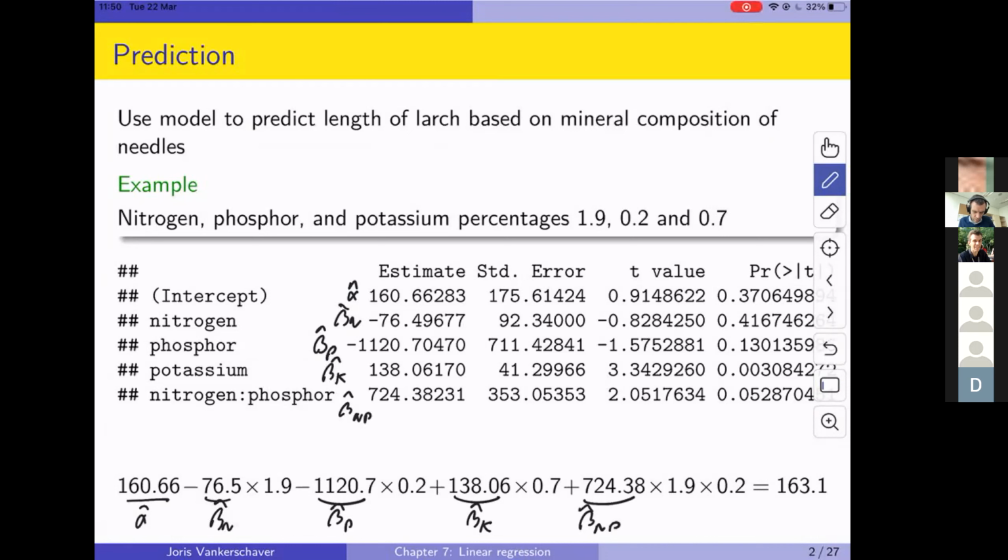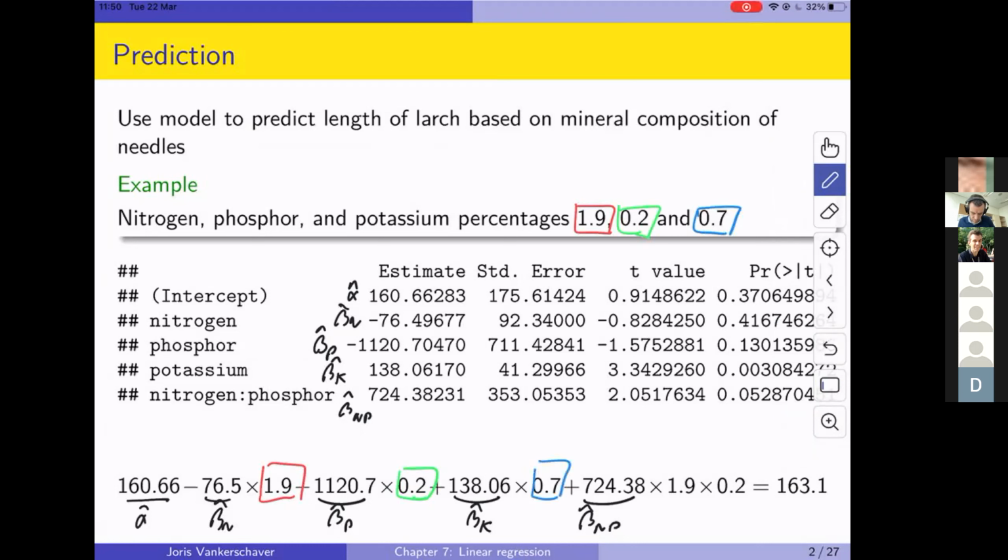And we take all of those coefficients and we multiply the slopes by the corresponding values. So percentage of nitrogen 1.9 times the slope for nitrogen, and same thing for phosphor 0.2, and 0.7 for potassium.